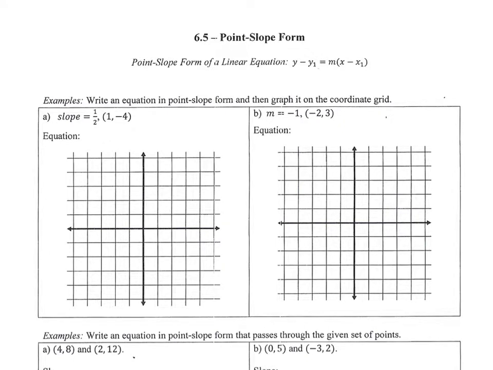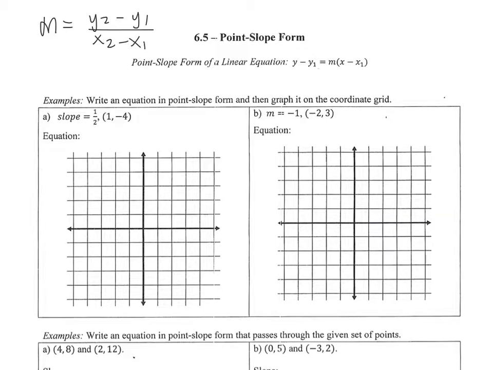Point-slope form is another form of a linear equation. Point-slope form comes from the slope formula, which is m equals y2 minus y1 over x2 minus x1.